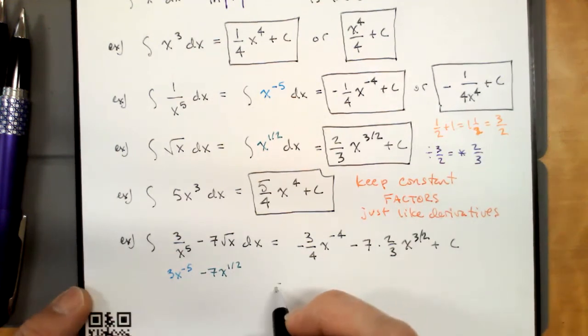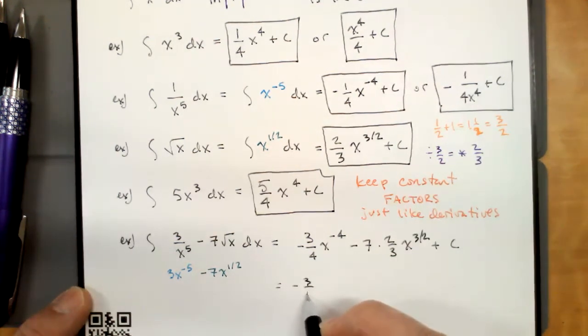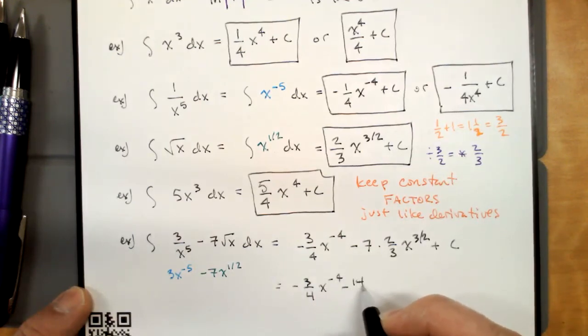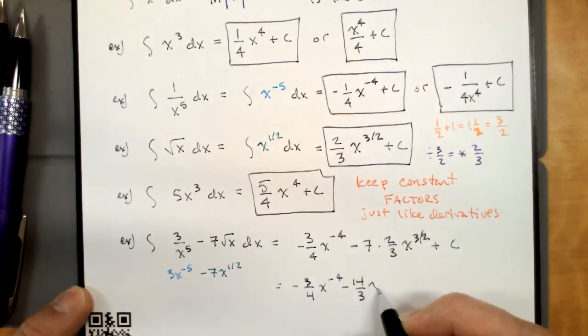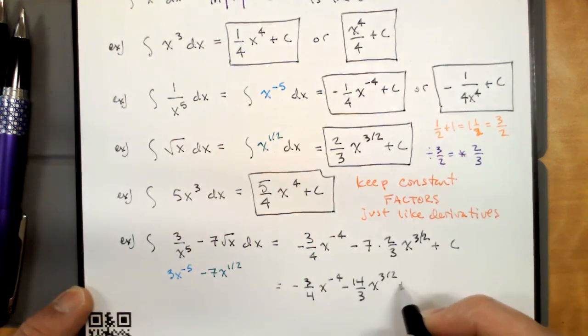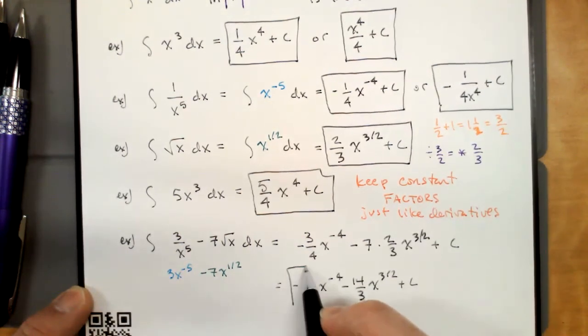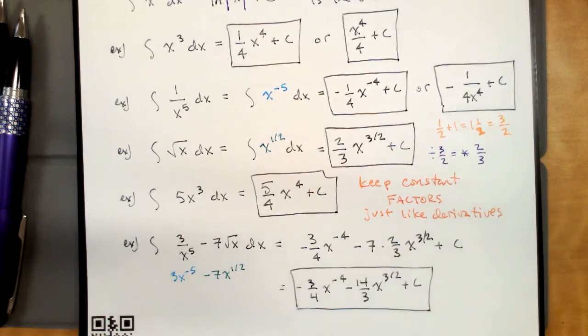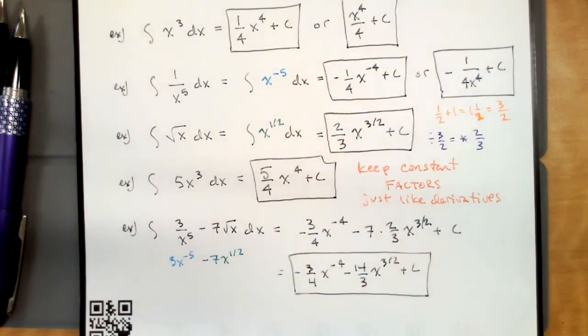And then I just simplify: negative 3/4 x to the negative 4 minus 14/3 x to the 3/2. So we can do term by term antiderivatives, just like derivatives.